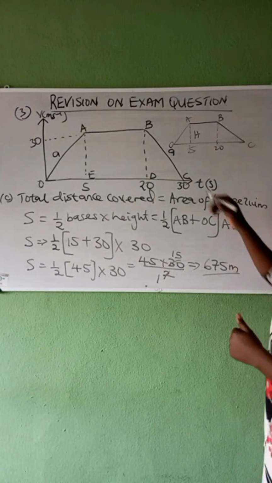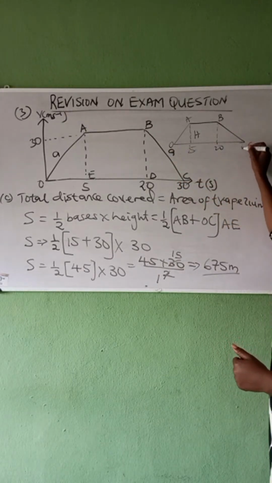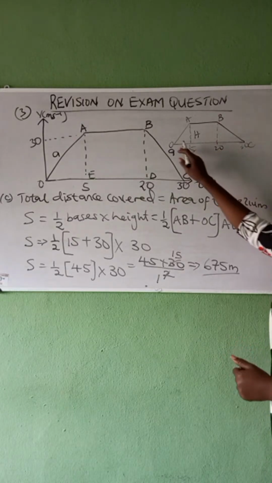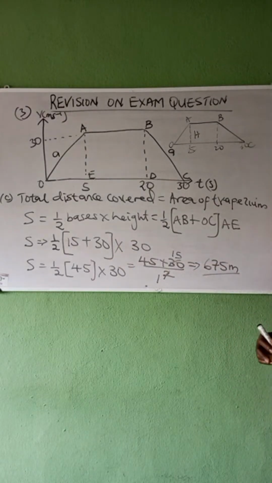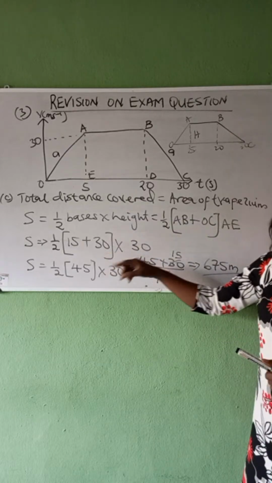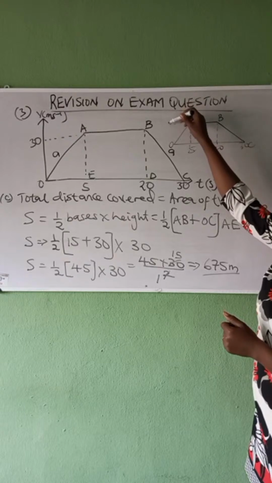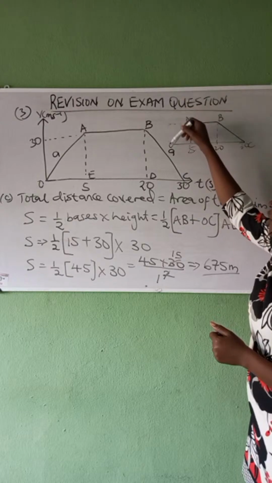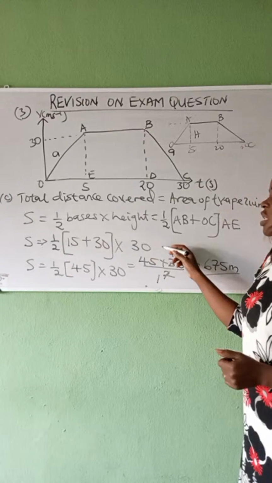All right. Then OC, that is, here is 30 and here is 0. The difference is 30 minus what? 0 is going to give me 30. Right? That is how I got my OC as 30. Then my AE becomes my height. That is 30 minus 0 to give me 30.